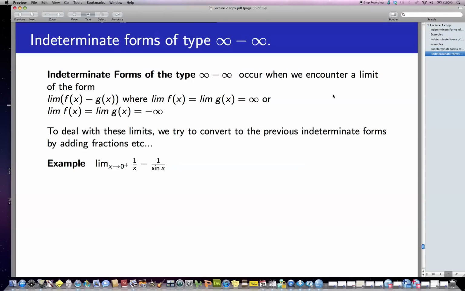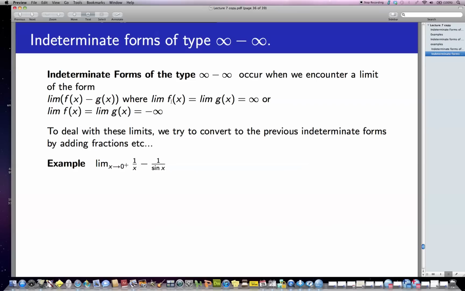Lastly, we have indeterminate forms of type infinity minus infinity. And again, we can easily see the 2 different forces acting on these types of limits. If I have the limit of f of x minus g of x, where f of x is going to infinity and g of x is going to infinity, then f of x is getting larger.